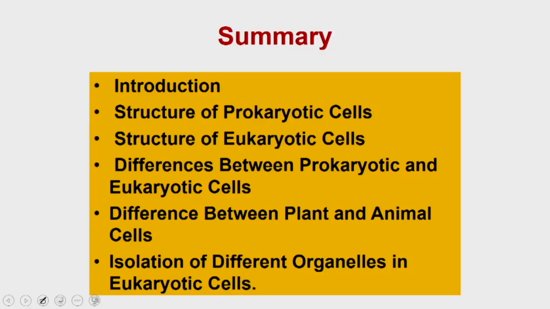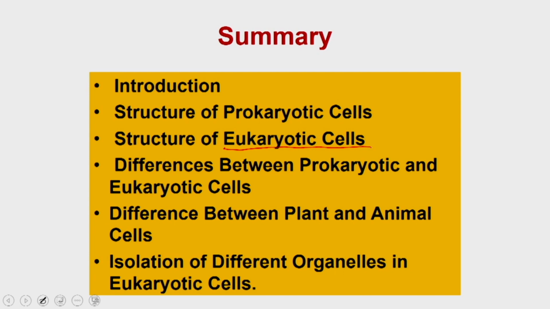Within this, we also discussed the different organelles present in the eukaryotic cell, their structure, their function, and their relevance in contributing to the different activities which are important for the eukaryotic cell.